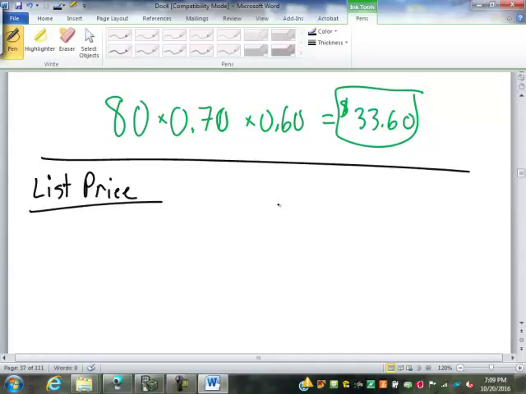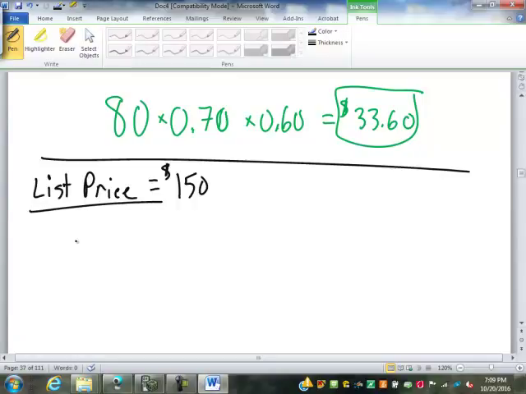So let's look at something, take it one step further. So we've got an item that has a list price of $150. And it sits on the shelf and it isn't selling because maybe it's a really ugly color or a really odd size or whatever.